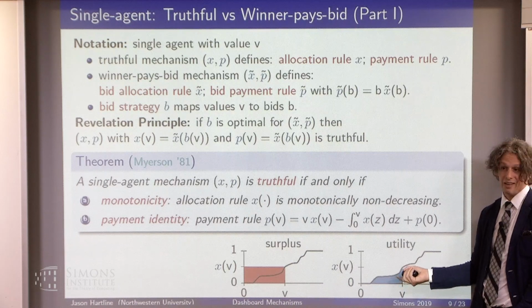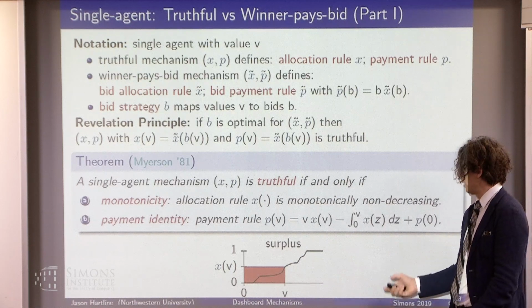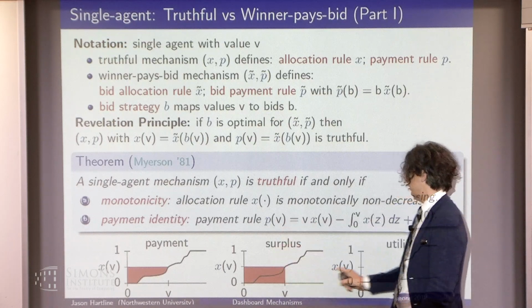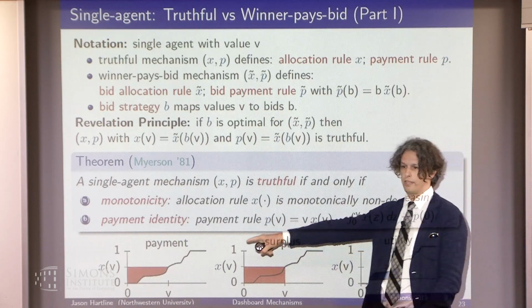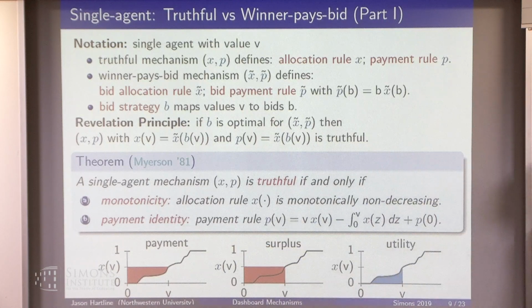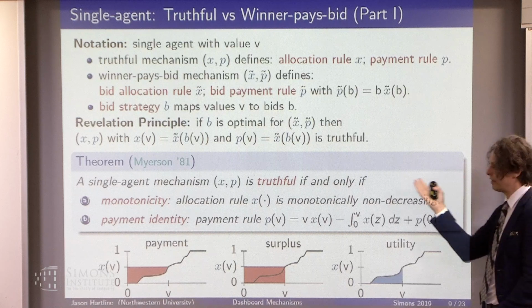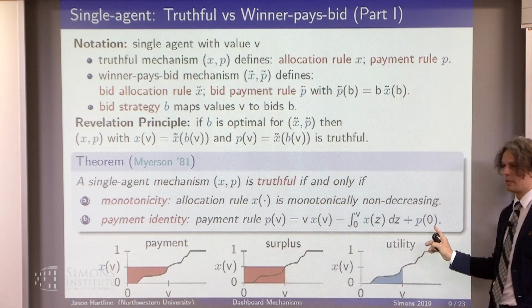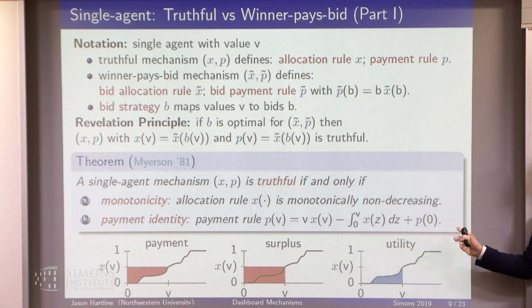That turns out to be the utility the agent gets, because the payment is equal to the surplus minus this utility. That's what the designer gets in terms of payments, the area above the curve. So that's the picture you should have in your mind about this characterization. Basically, if I tell you my probability of winning, I'm also telling you the payment up to a P0 term, which is how much a player with value 0 pays.